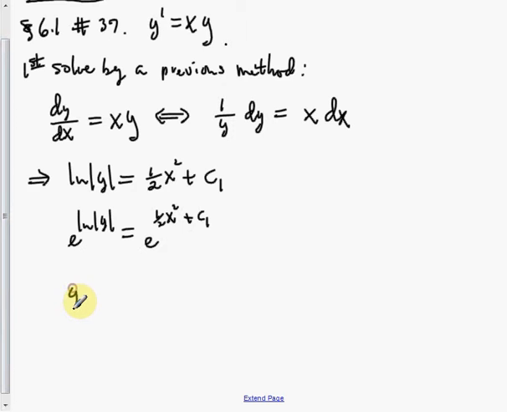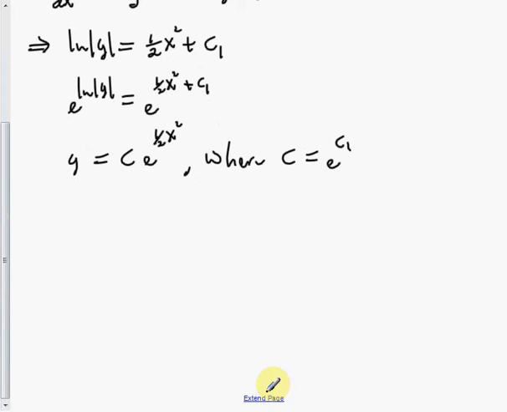So this gives us y is equal to c times e to the 1/2 times x squared, where c is equal to e to the c sub 1. So our answer, when we work the answer for the power series, should look like this. Well, you say, what is that?